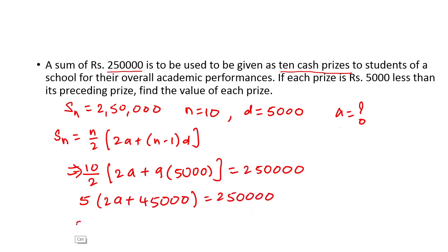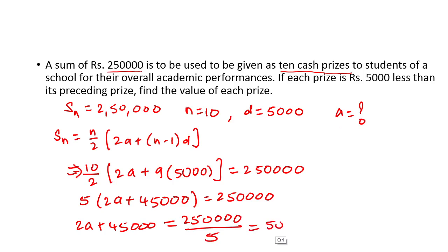2,50,000. Or I have 2a plus 45,000 is equal to, I'll cross multiply this 5, so I have 2,50,000 divided by 5. 2,50,000 upon 5 is 50,000. So 2a will be equal to 50,000, and this 45,000 I shift to the right side, so minus 45,000, which is equal to 5,000.